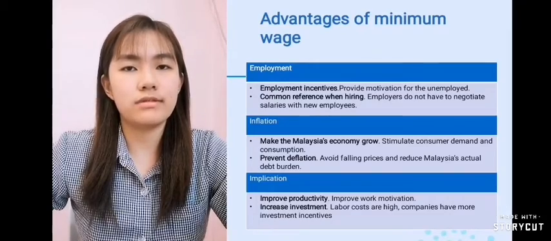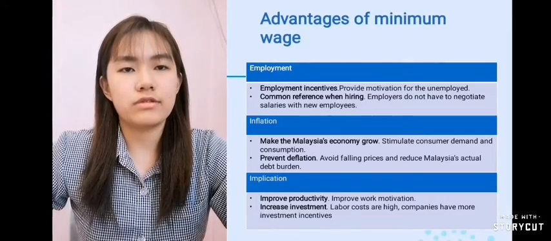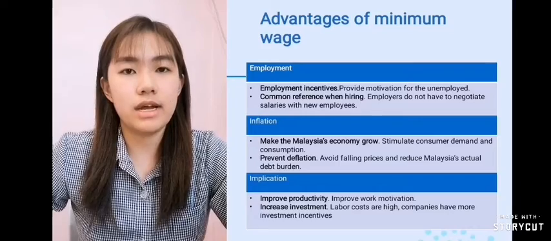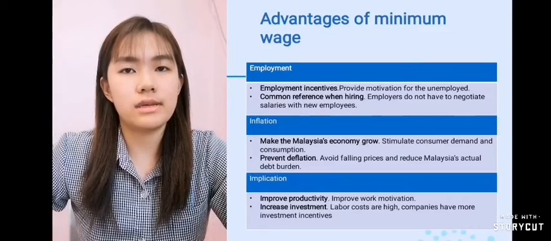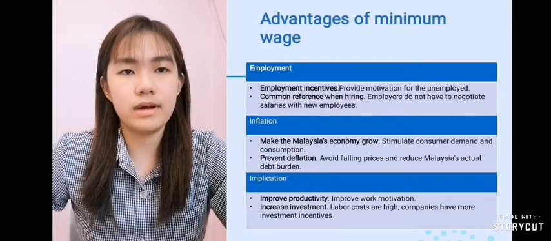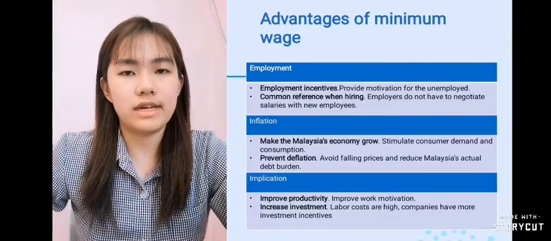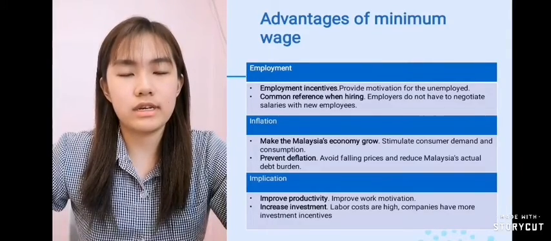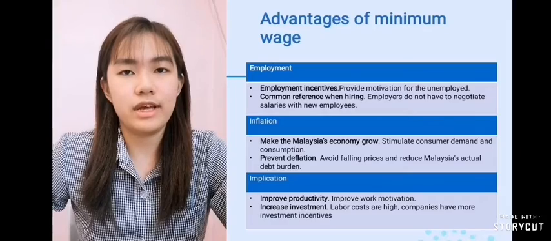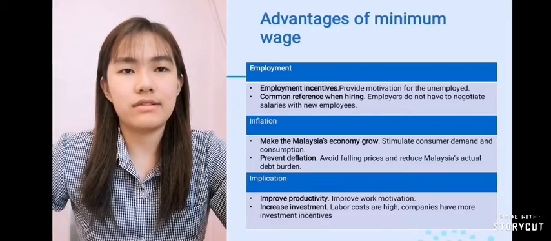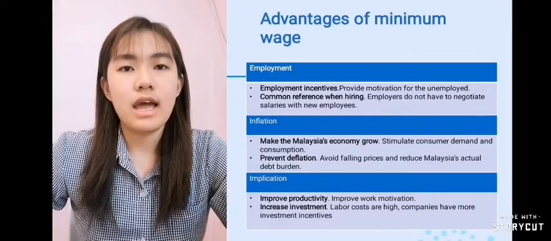Second is a common reference when recruiting. The minimum wage can also simplify the recruitment process because they can know their salary in advance. An employer does not have to negotiate salaries with new employees.